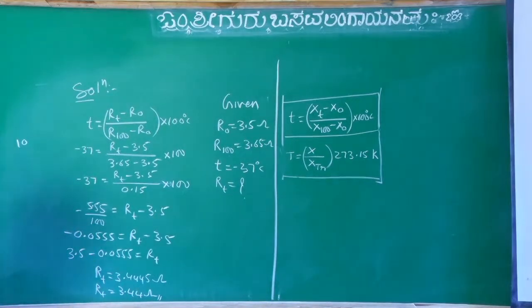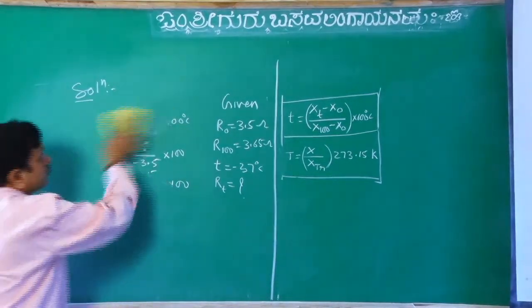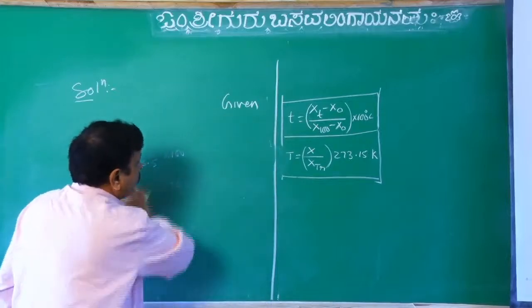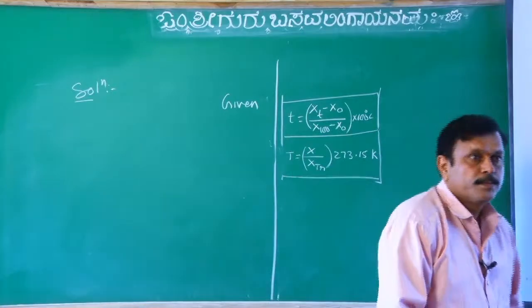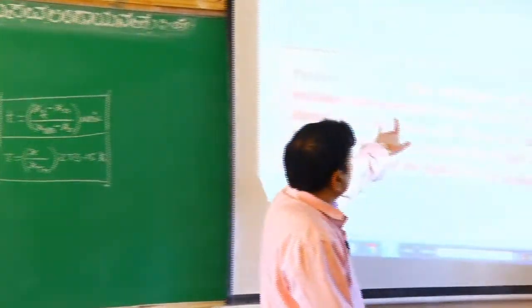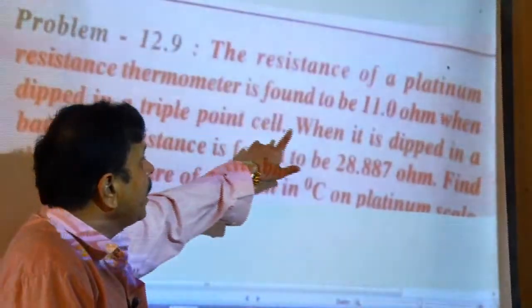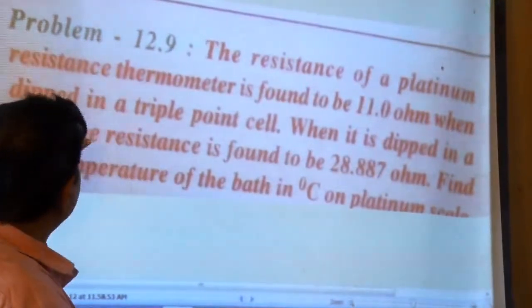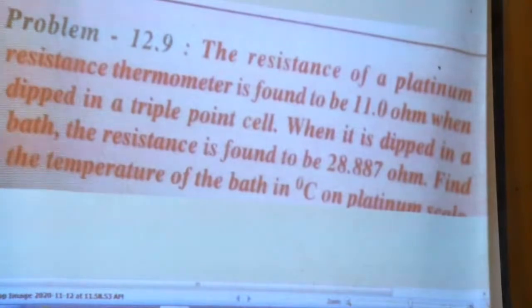But now coming to the next question. Given, the resistance of a platinum resistance thermometer is found to be 11 ohm when dipped in a triple point cell. Triple point cell means the cell in which ice is present.